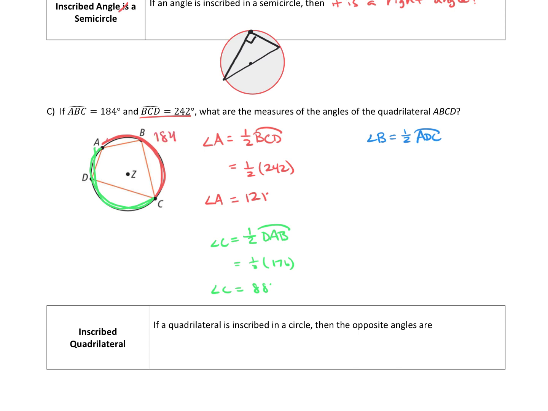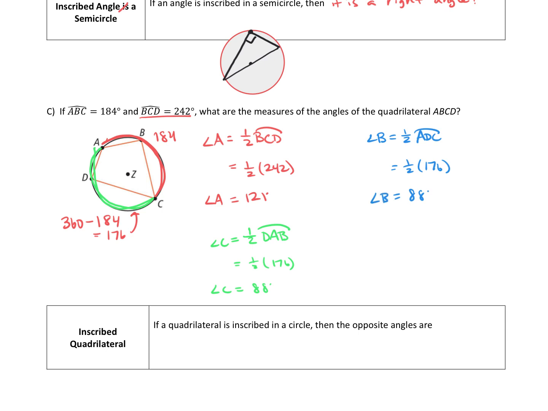So the other arc that we need is 360 minus 184, which is 176. So arc ADC is 176. So angle B is equal to half of 176. Half of 176 is 88 degrees. So angle B is 88 degrees.